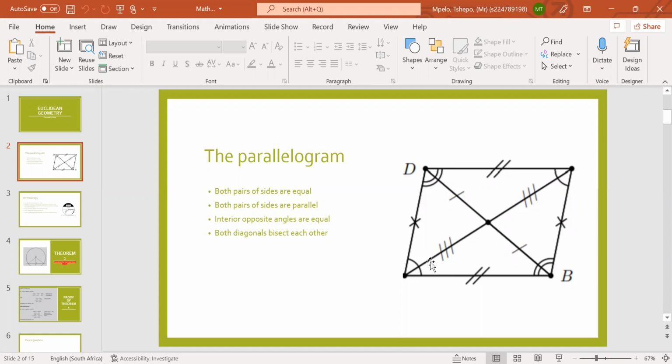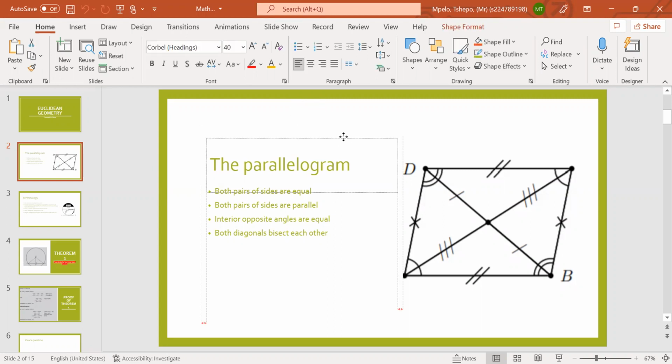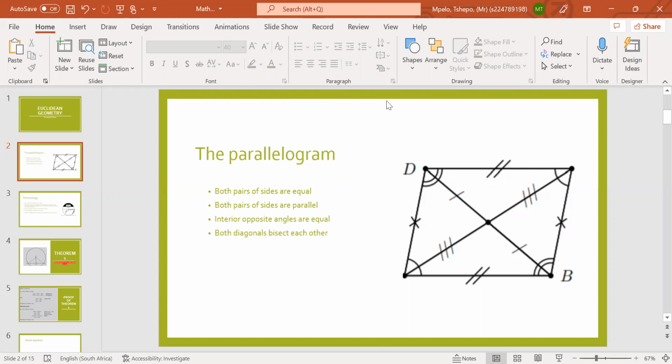Mathematically, in Euclidean geometry, when we say a line bisects another line, it means it cuts the other line into two equal pieces. Like let's say this line AC cuts line BD into two equal pieces. You understand? So I wish I could draw here. I'm struggling, but it's okay. So the diagonals of a parallelogram bisect. Understood? Yes.